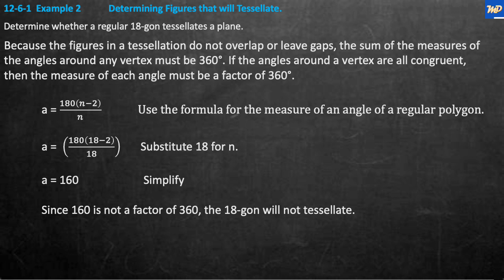Now you substitute 18 in for n, and you get 180 times 18 minus 2, divided by 18, and you get the angle is 160 degrees after you simplify it. Well, 160 is not a factor of 360. You cannot divide 160 into 360 evenly. It's 2 plus some odd amount. So the 18-gon will not tessellate. By the time you got back around to the full circle, you'd be coming up short, or eventually, to get rid of all gaps, you'd be overlapping.